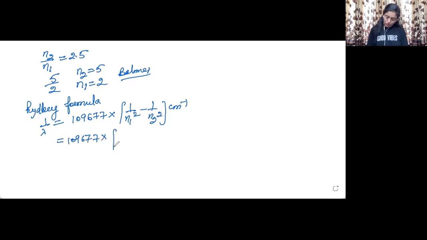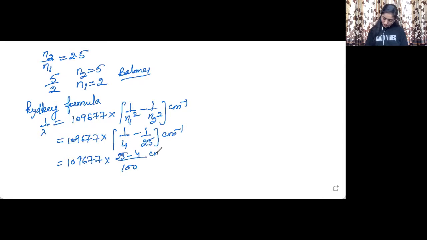109677 into, n1 is 2, so 2 square is 4, minus, n2 is 5, so it is 25, per centimeter. Or I can just write 109677 multiplied by 25 minus 4 upon 100 per centimeter, that is 109677 into 21 upon 100.